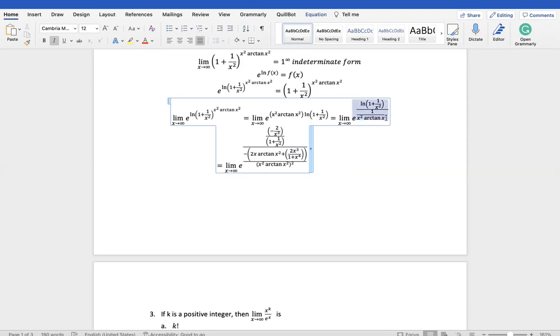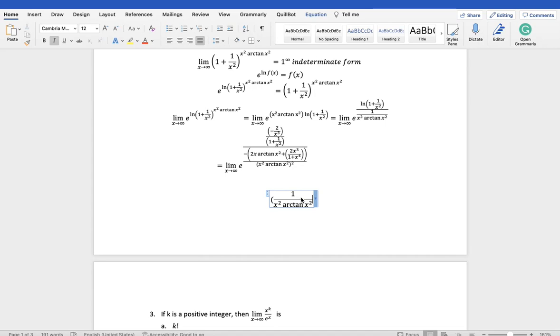Okay, so let's copy this. So basically, we are trying to find the derivative of 1 over x squared multiplied by arctan x squared, right?